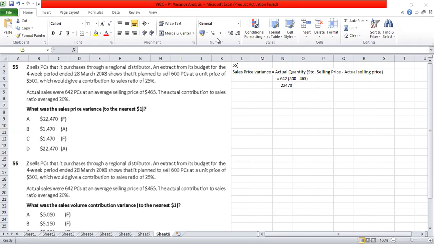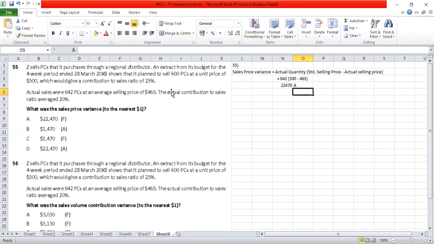So we got this as 22,470. It would be adverse. Why would it be adverse? Because this is revenue. These are revenue variances. So in a revenue variance, their performance should be better than what was planned. So they should exceed, or at least reach the standard or go beyond that to be favorable.